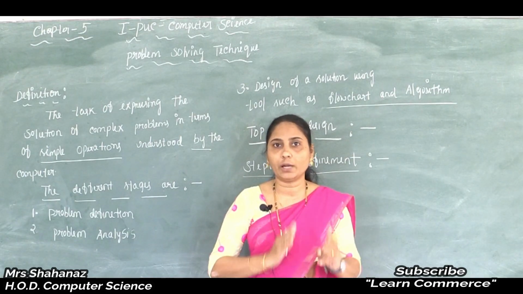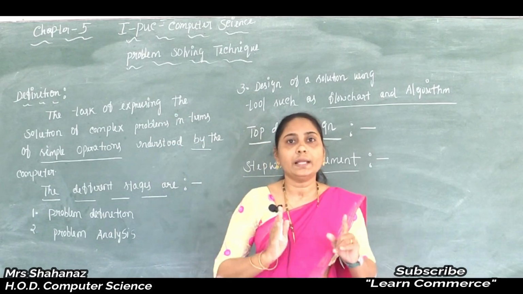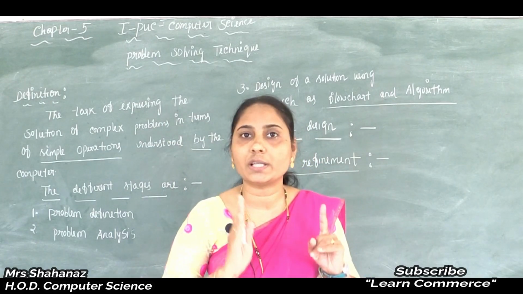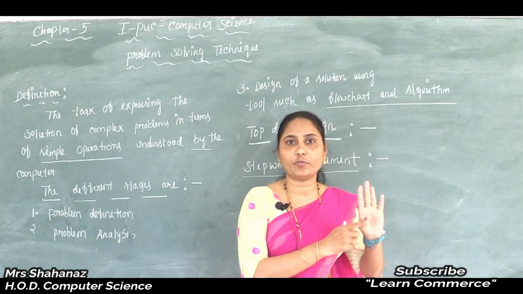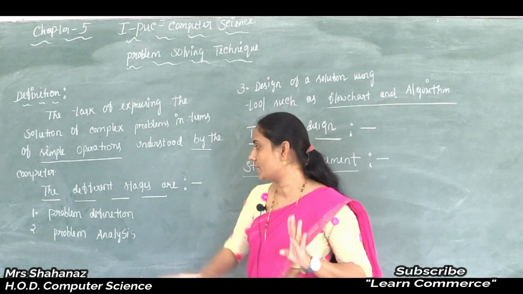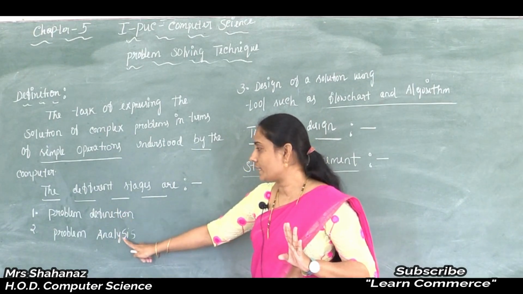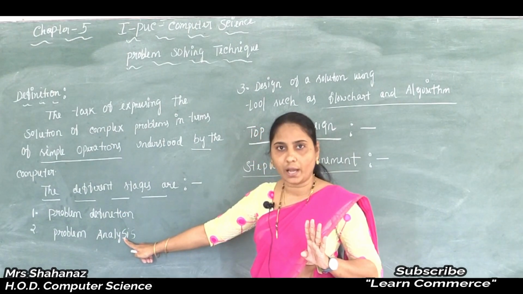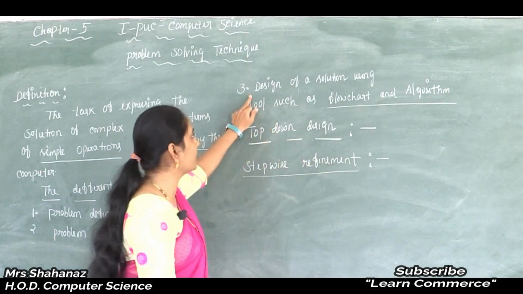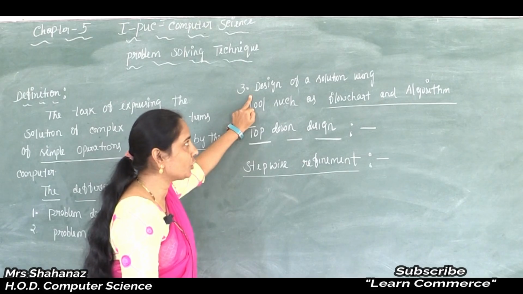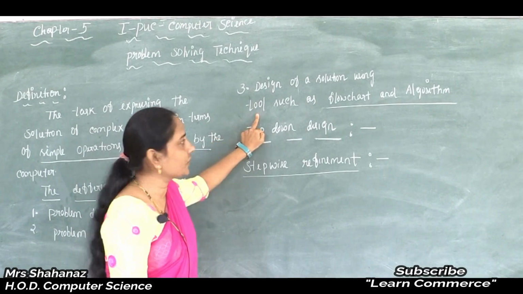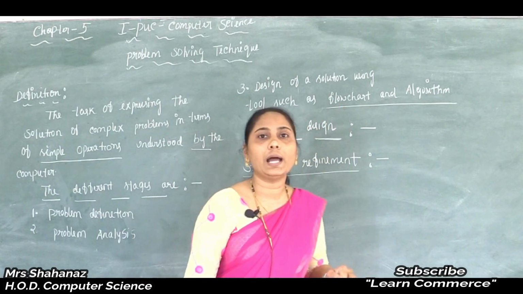So totally there are 7 stages or 7 steps. The first stage or the first step is the problem definition. The second one is the problem analysis here, and the third one is the design of a solution by using tools such as flowchart and the algorithm.